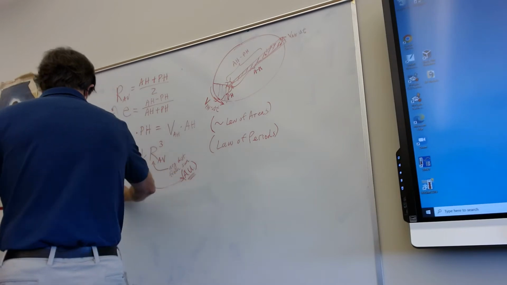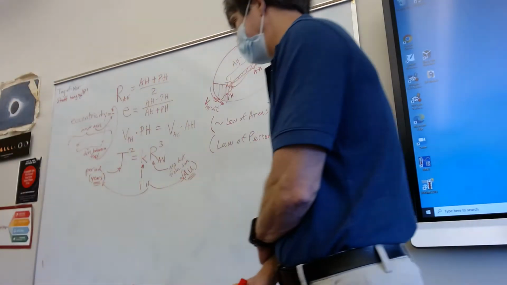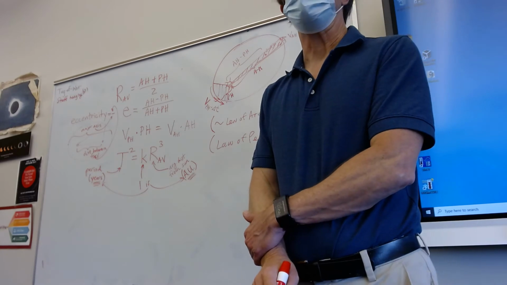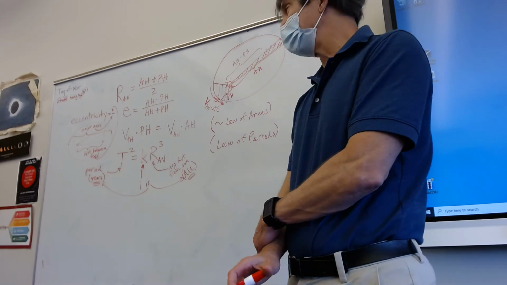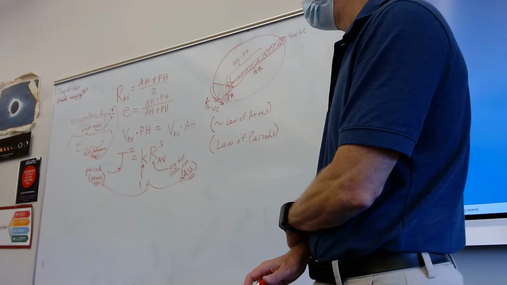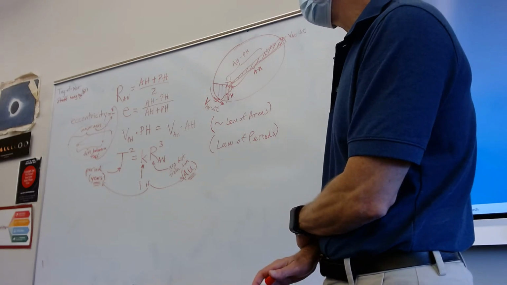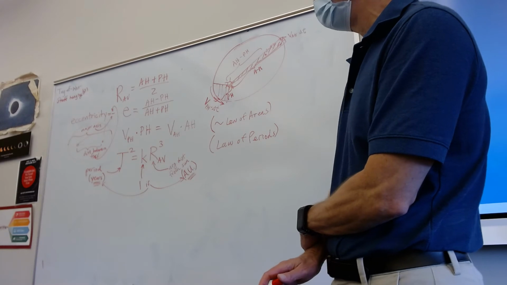If you're using those units, it's nice to have a constant of 1, because you don't have to put it in your calculator. So let k equal 1. This stuff we just wrote, we're about to use.